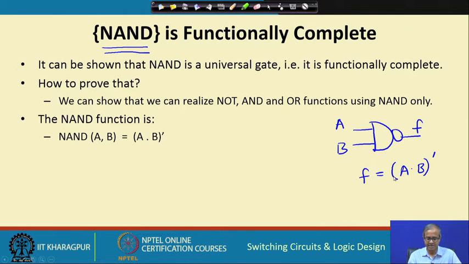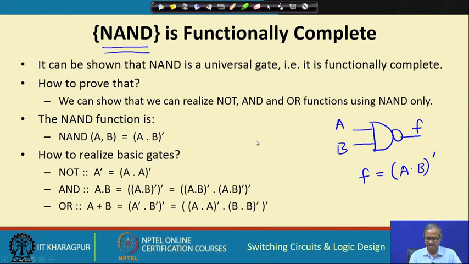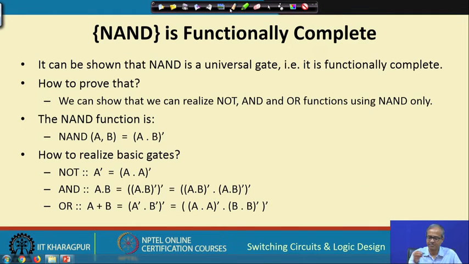As I said, the NAND function is given by NAND of A B is (A and B) not. Now, if I want to show that this is functionally complete, as I said, I will have to show that I can realize AND, OR and NOT using NAND. Let us see how this is possible. For NOT, just remember this expression, NAND of two variables A B is just (A and B) not.